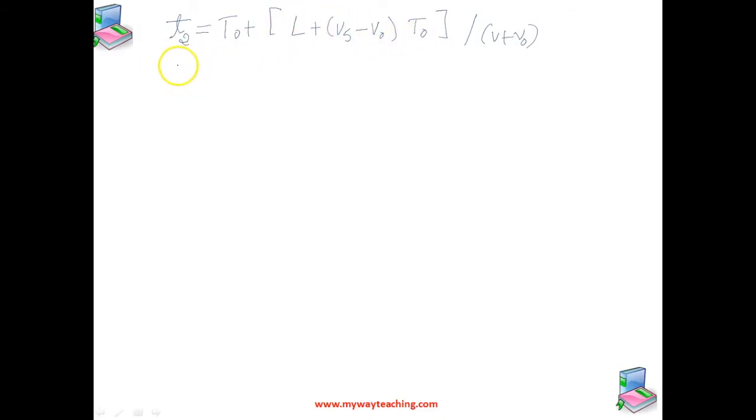at a time nT0, the source emits its n plus 1 crest, and this reaches the observer at a time tn plus 1.